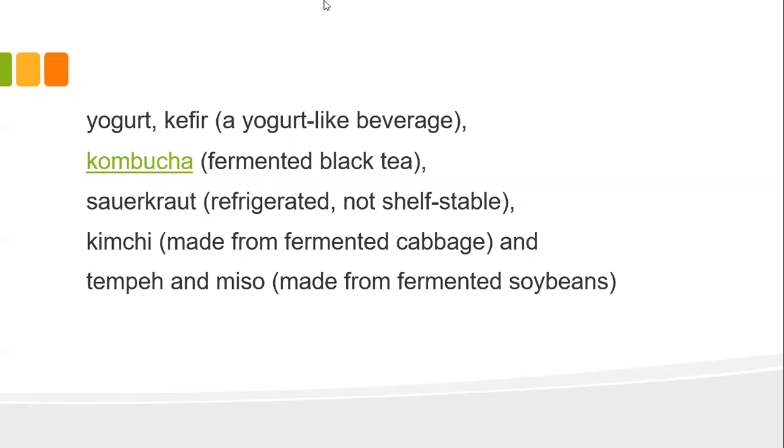Yogurt and kefir feed on milk. Basically, any bacteria needs some kind of food. So when I say certain probiotics, you need to understand what it feeds on: sauerkraut on cabbage, kombucha on black tea, kefir and yogurt on milk, kimchi on cabbage, tempeh and miso on soybean.